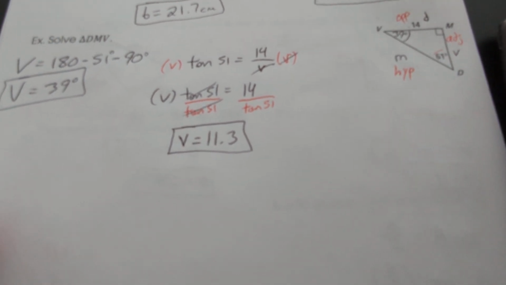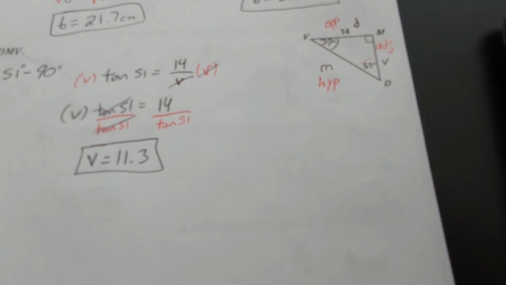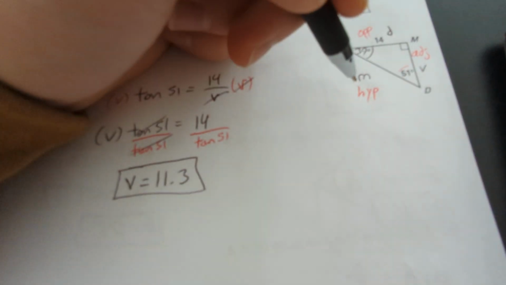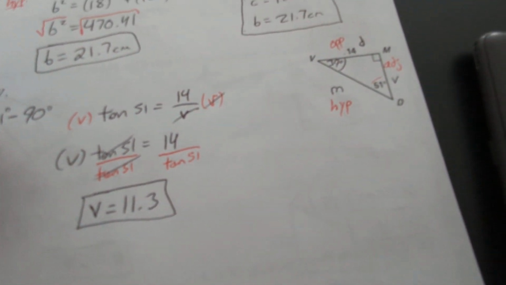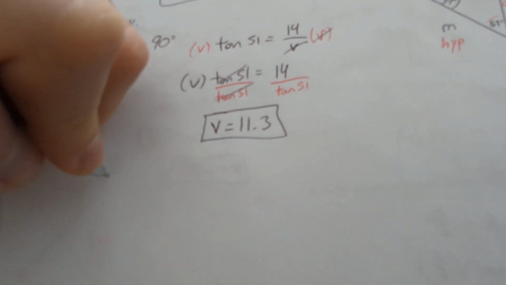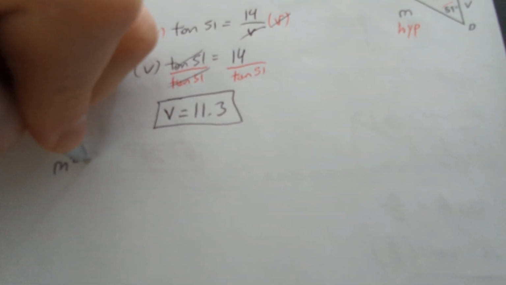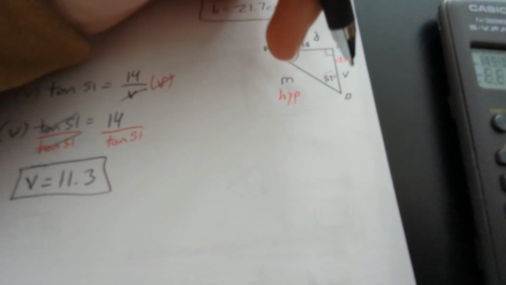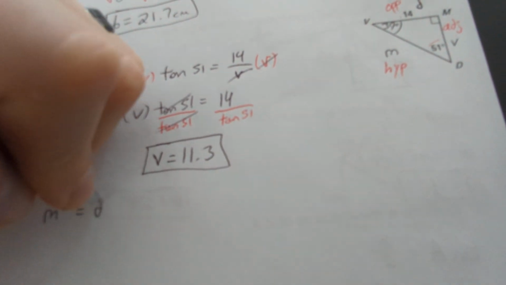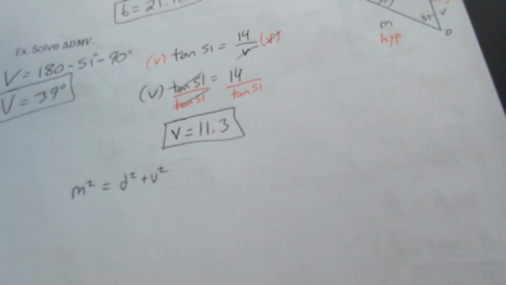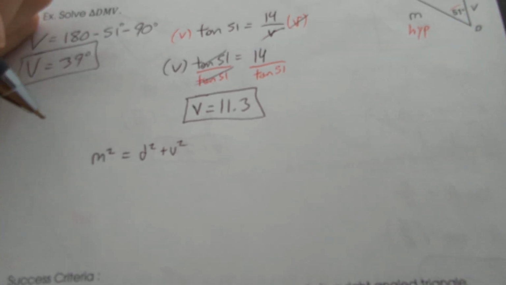Okay, and finally, Pythagorean theorem to find our last side. The last side we're trying to find is the hypotenuse, and that's called m. So remember, our hypotenuse goes by itself, our hypotenuse squared, so m squared equals our two other sides, d squared plus v squared. So this is our formula for Pythagorean theorem.